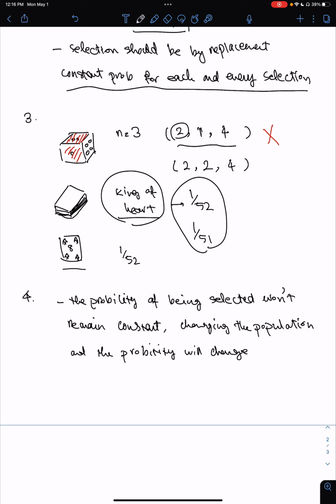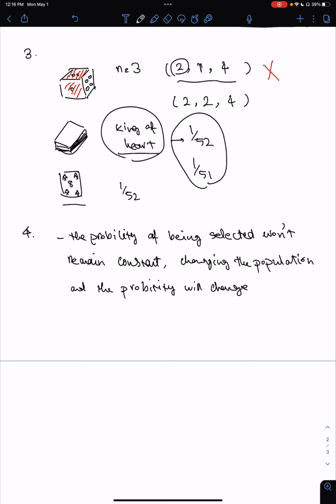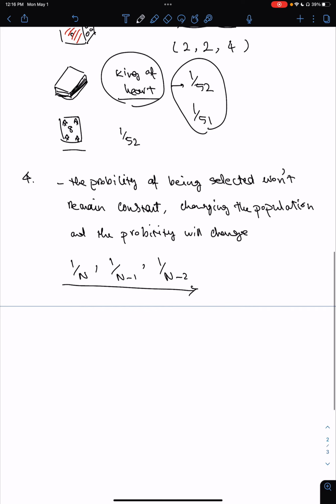For example, without replacement the probability is 1 over n at first, then the next time it'll be 1 over n minus 1, the next time 1 over n minus 2. But we want this probability to remain the same, so we do the replacement every time we pick something: we put it back in the selection pool.